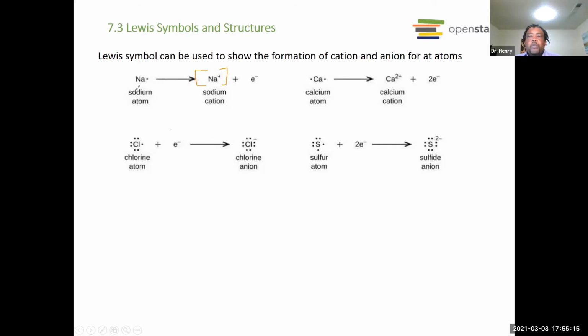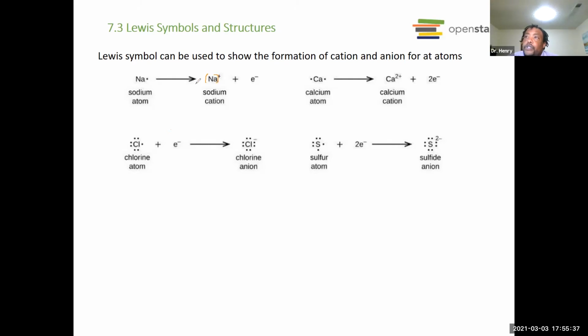So when we do the Lewis dot structure for this, we want to put brackets around here, even though we don't have brackets on there. And then that plus should be on the outside. So let me clean this up a little bit. I've got to fix my lecture notes. I was stealing this image from the book.